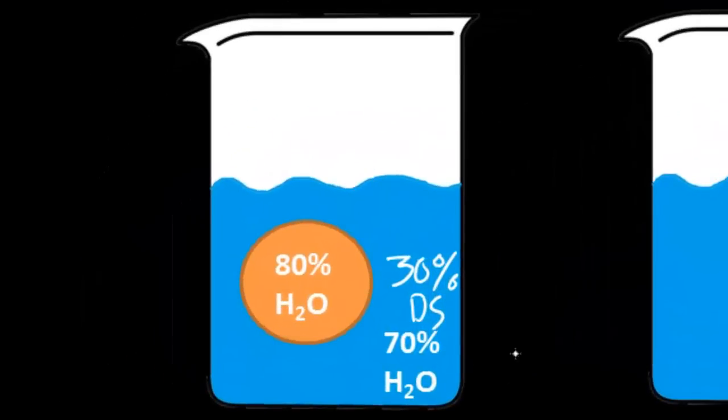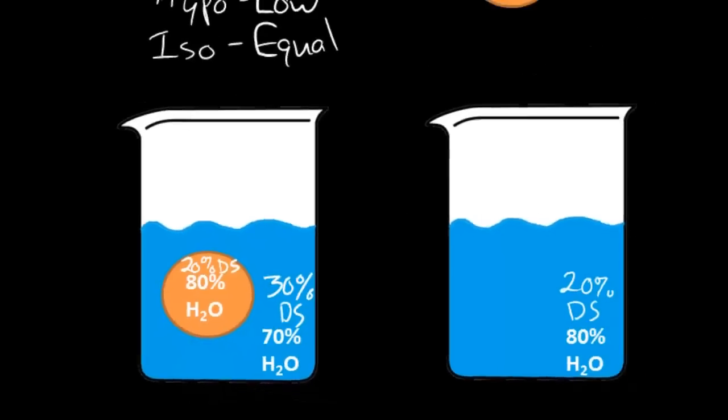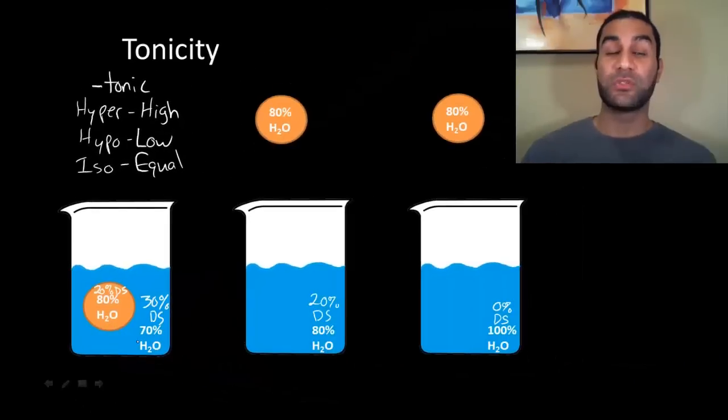Now, again, the solution itself is 30% dissolved substances, 70% water. Inside the cell, it's 80% water, which means it's a 20% dissolved substance. So if it's a 20% dissolved substance inside, compared to a 30% dissolved substance outside, I want to name the solution. So anytime I'm naming the solution, I'm talking about the liquid outside of the cell. In this case, the liquid outside of the cell is 30, the liquid inside of the cell is 20.